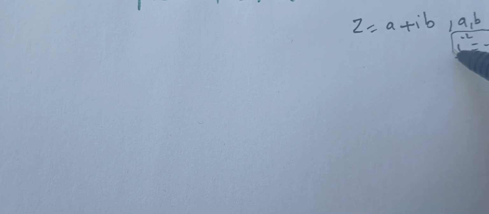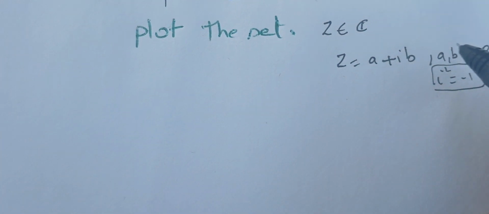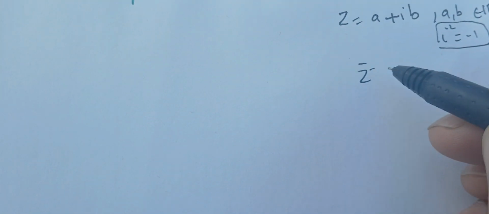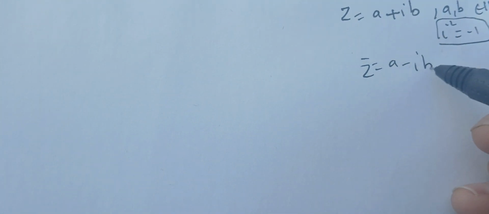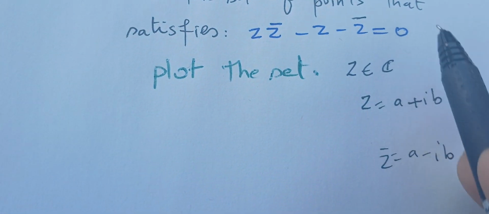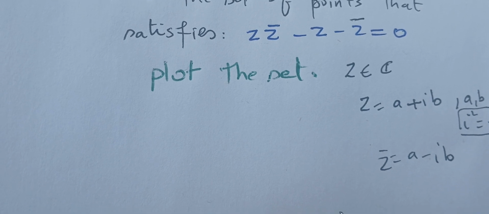We don't forget this one. Given that we write z in this manner, z bar is going to be a minus ib, and we can proceed and solve. So this is one way.